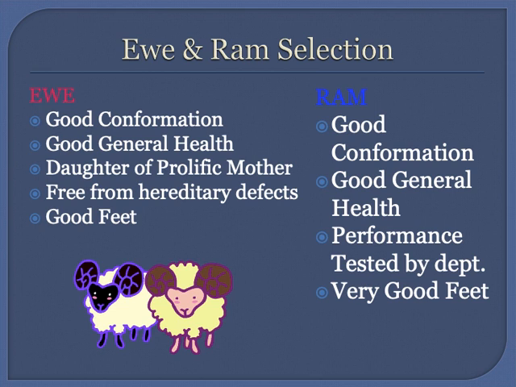You want good conformation, you want good general health again. Performance testing then, if you can get results of performance testing, you want to look at those. What's the Eurostar rating of this particular ram? The Eurostar rating goes from 5 down to 1, with 5 being the best quality rams that you're going to get and 1 being the worst quality.